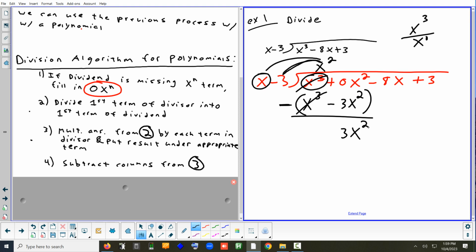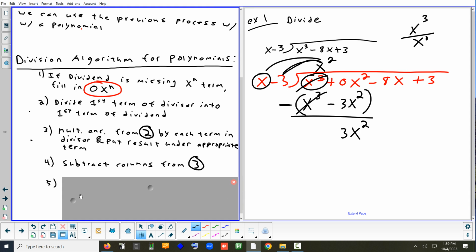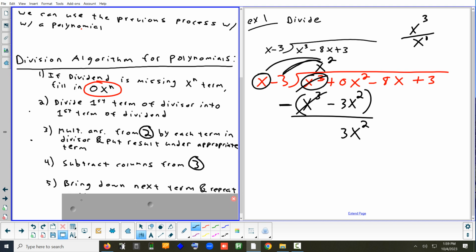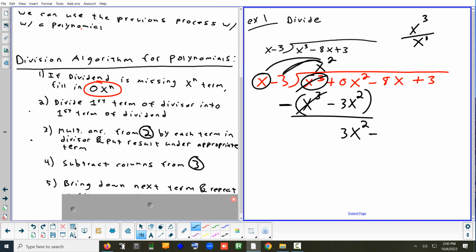Okay, so now we have negative 3x squared. So divide, multiply, subtract. Anybody know the last step? Repeat, and you have to drop down the next term. So the next term is negative 8x.